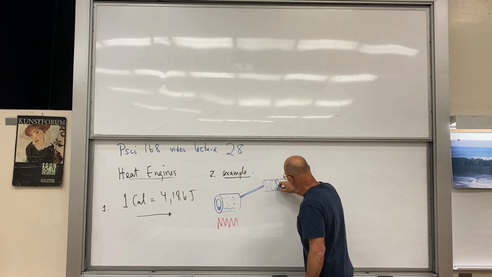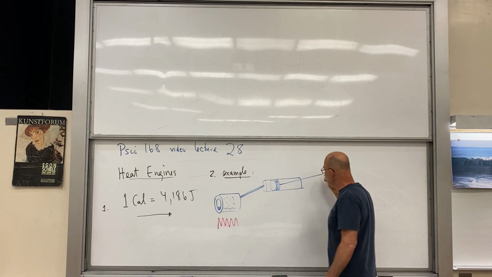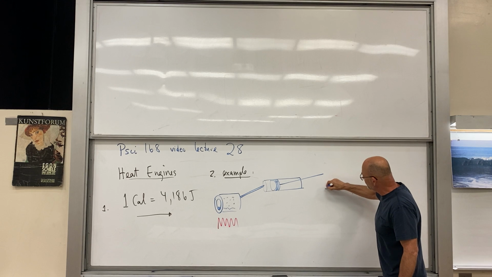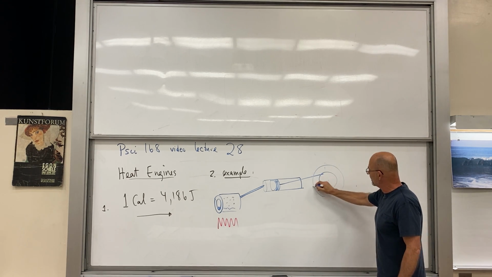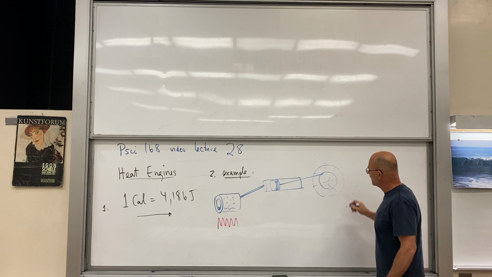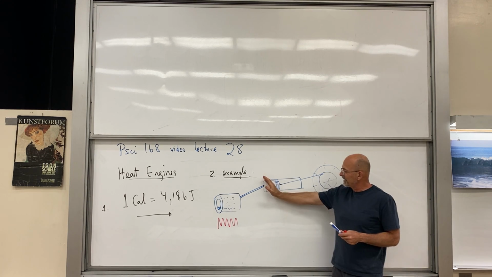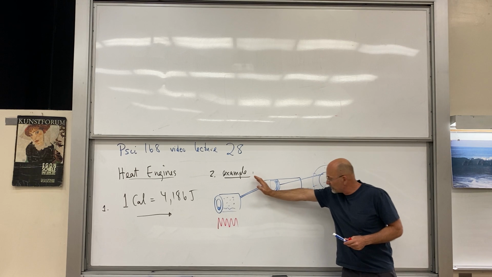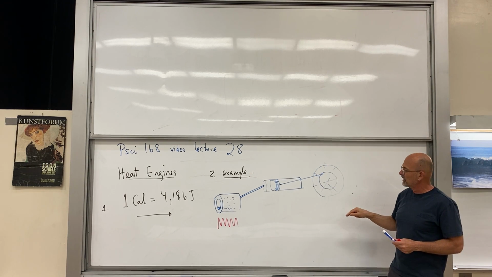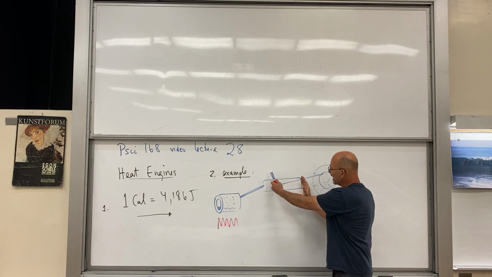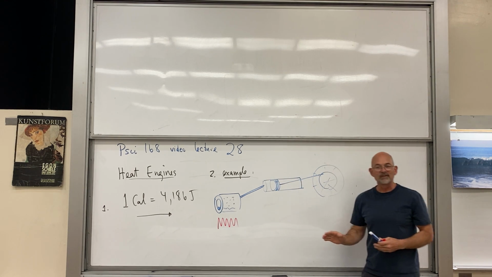Okay, and this piston here is connected with a connecting rod to a flywheel. So if we can get the steam to push the piston forward here, it'll actually turn the wheel. And in the process of being pushed forward, work is being done.